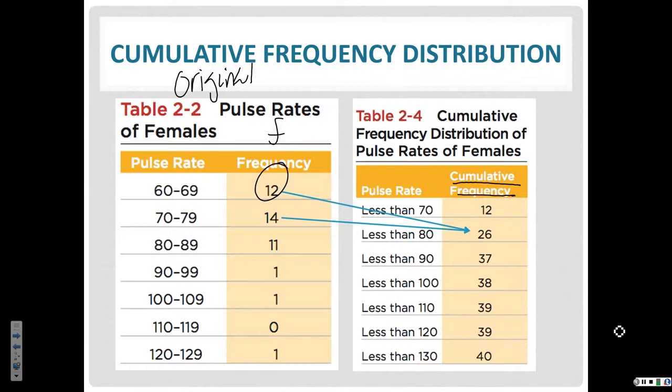By the time I get through with the second class, I now have 12 and the 14 together, that makes what? By the time I get finished with my third class, I now have what? 12 plus 14 plus 11 gives me what? 37. I then come here. That's how I get the what?